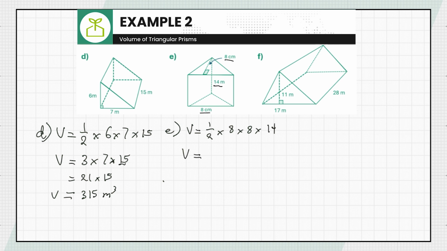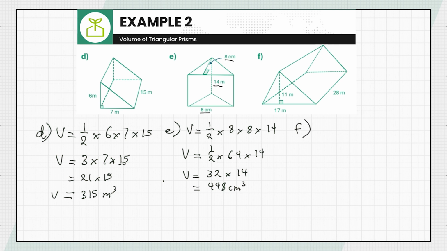So our volume is equal to 1 over 2 times 64 times 14, and that means our ultimate volume is equal to 32 multiplied by 14, which just equals 448 centimeters cubed.